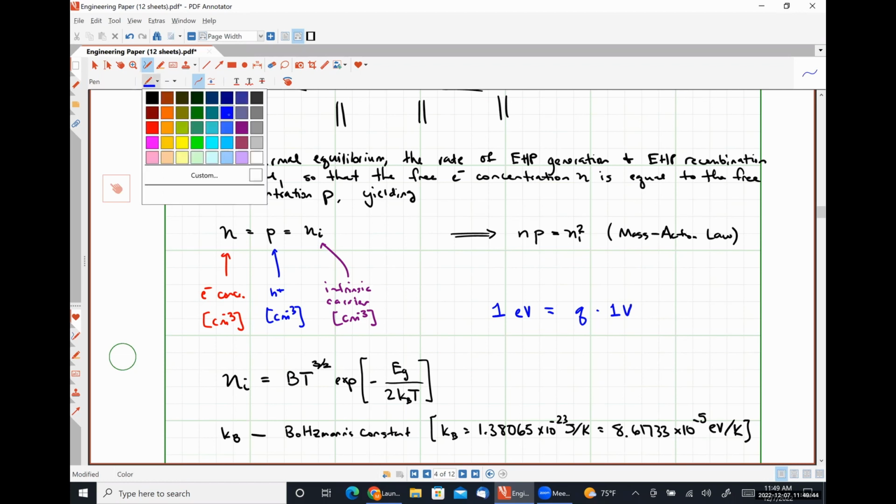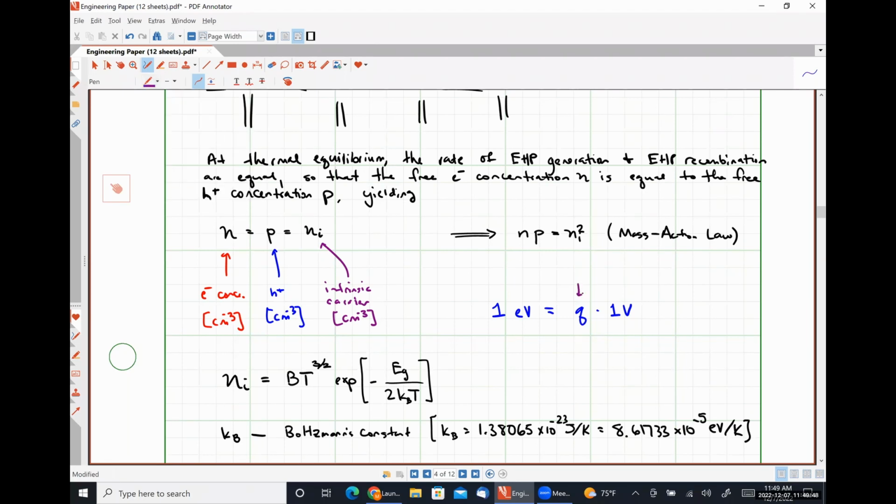Q here is 1.602 times 10 to the negative 19 coulombs. Since a volt is a joule per coulomb, 1 electron volt is equal to 1.602 times 10 to the negative 19 joules.